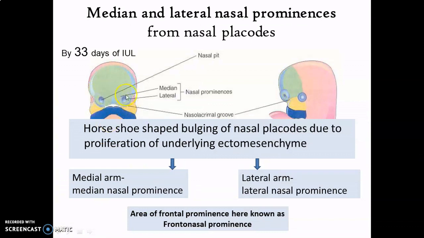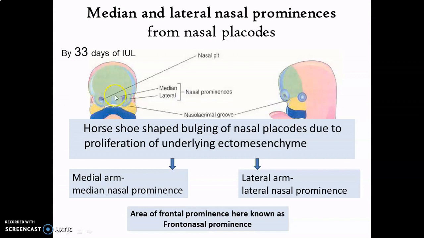Its median arm is known as the median nasal process and the lateral arm is known as the lateral nasal process. So there are 2 median nasal processes and lateral nasal prominences on either side of the developing face, as you can appreciate in this image.